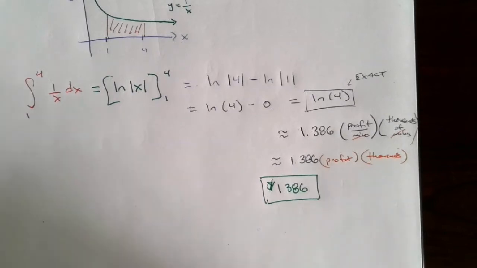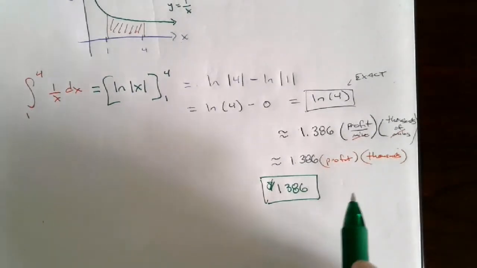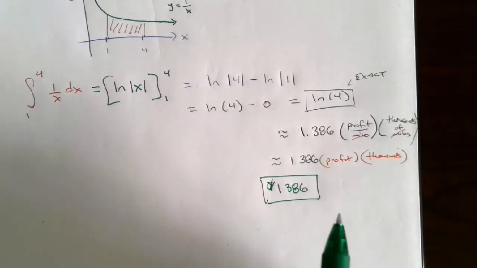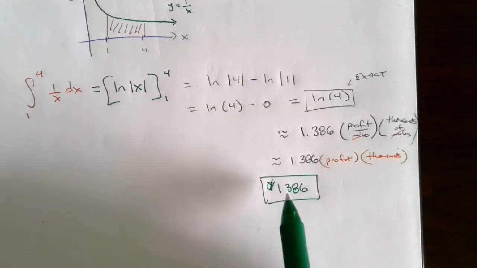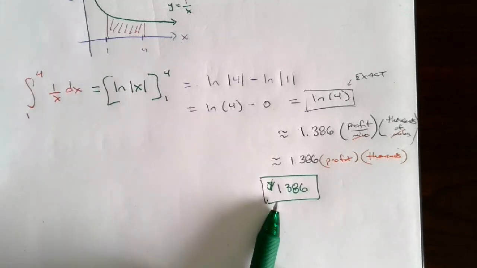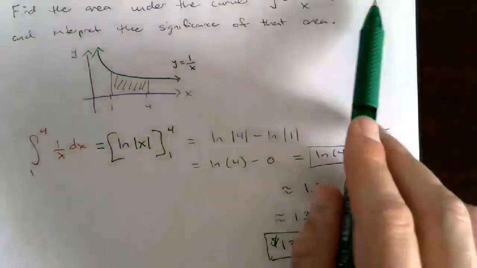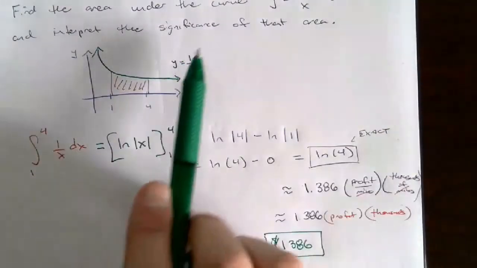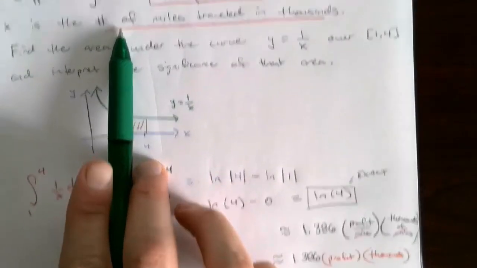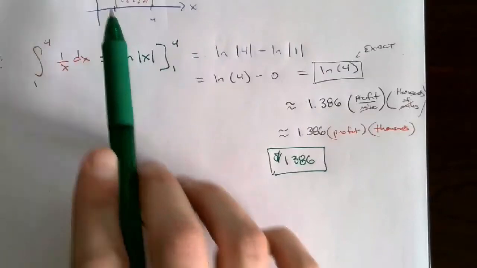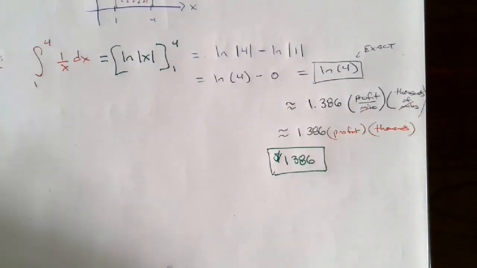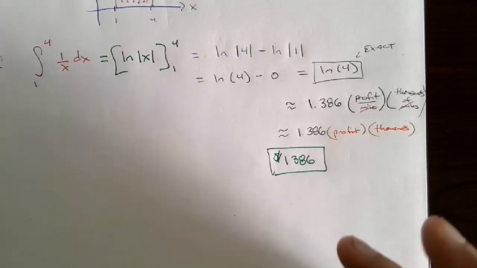Now, what is this? We said it's the profit in thousands, but where we are in the graph matters. So this was the profit in thousands over what interval? Well, when x is going from 1 to 4, x was number of miles traveled in thousands. So it's actually the profit earned between when you traveled 1,000 and 4,000 miles.